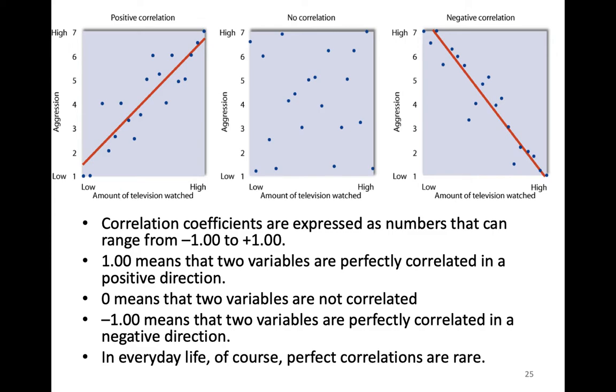The strongest correlation you can get is either a perfect positive or a perfect negative correlation, so positive one or negative one. Those are both equally strong; they just refer to either a negative or a positive association. The closer you get to zero, the less strong the association, and a perfect zero means the two variables are not correlated at all.